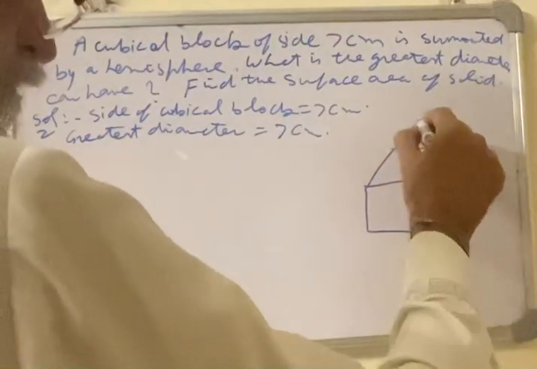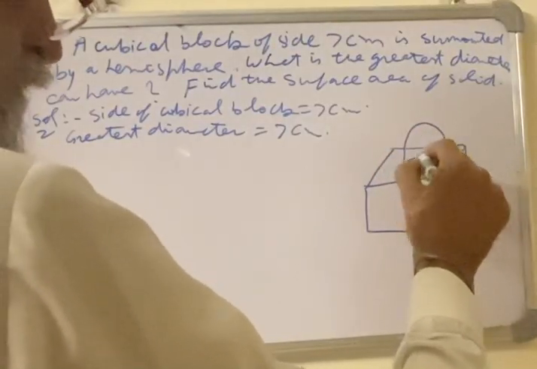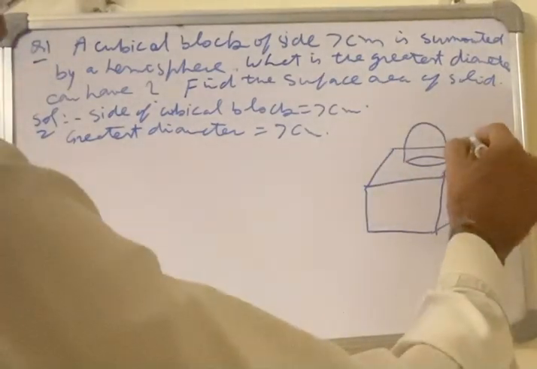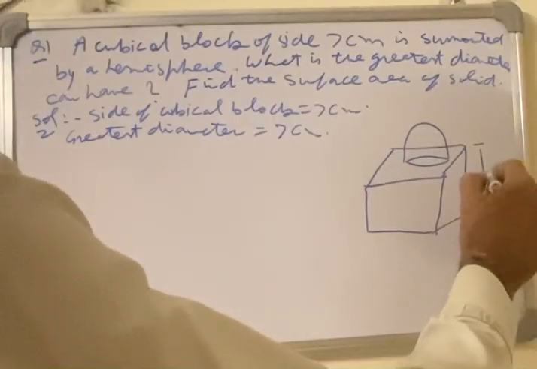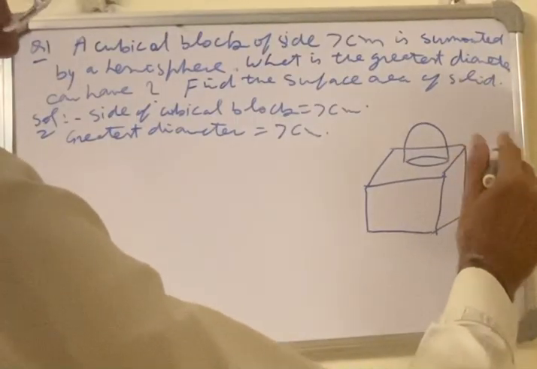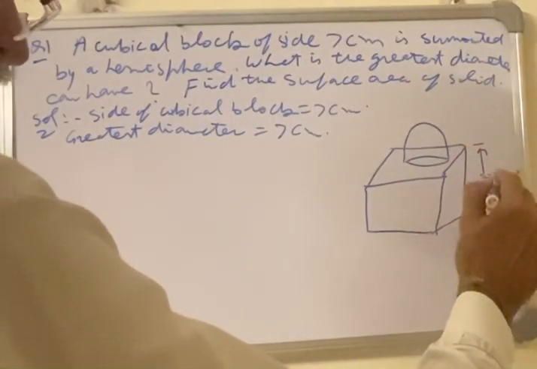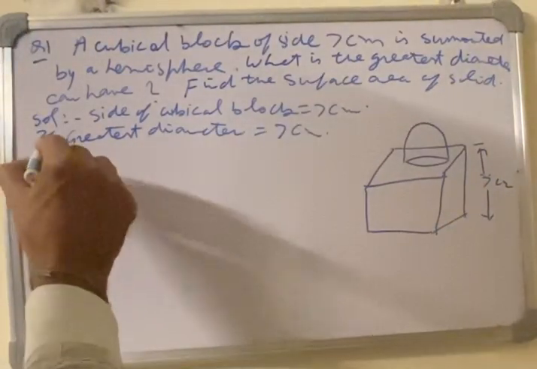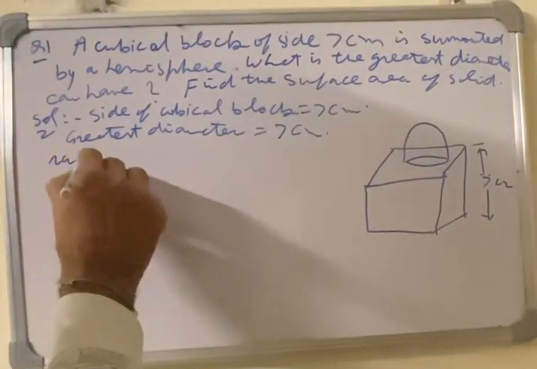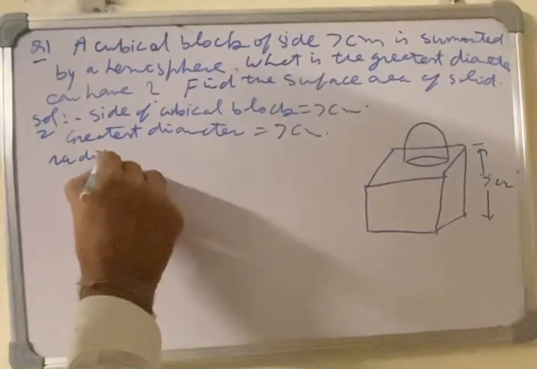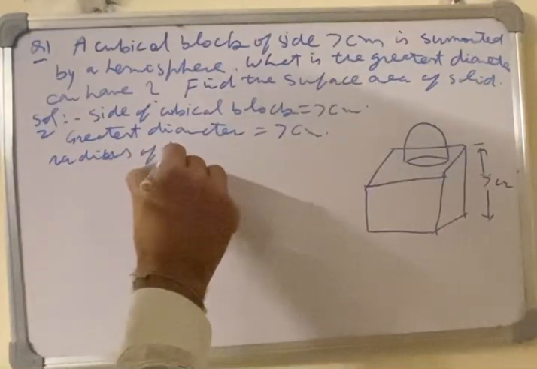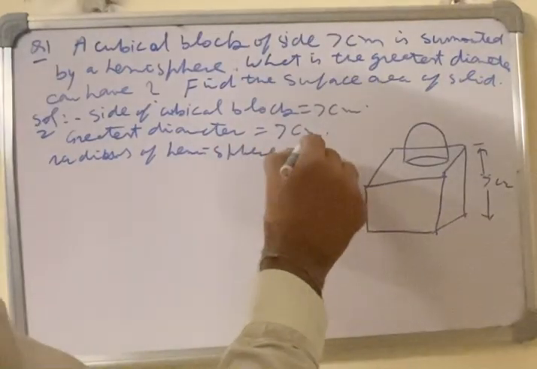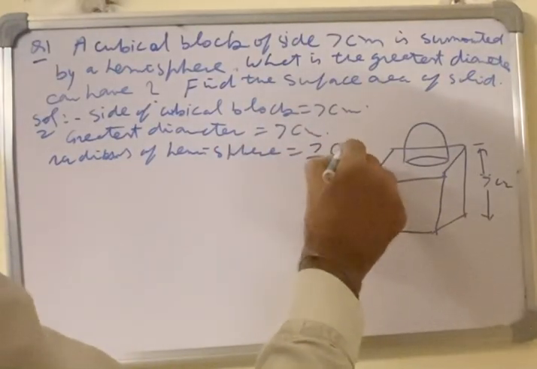Here is a hemisphere. And this is 7 centimeter, side of cube. So radius of hemisphere is 7 by 2 centimeter.